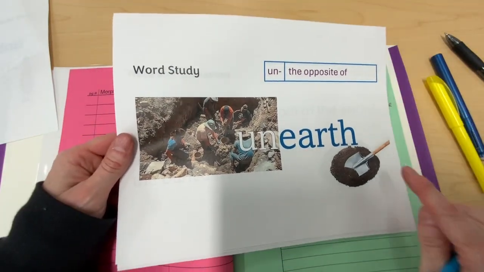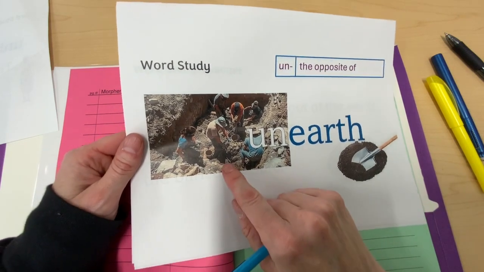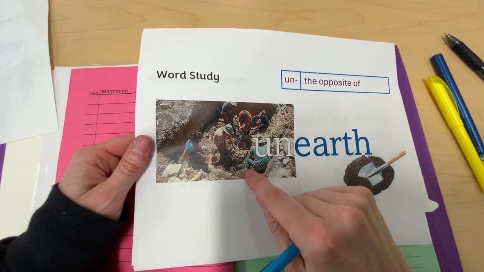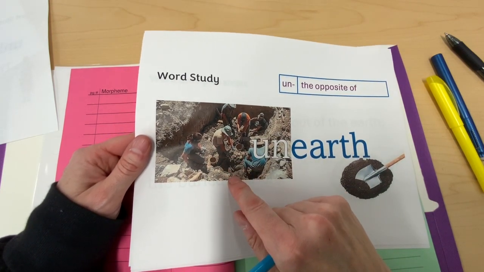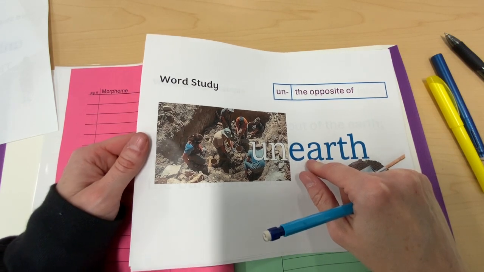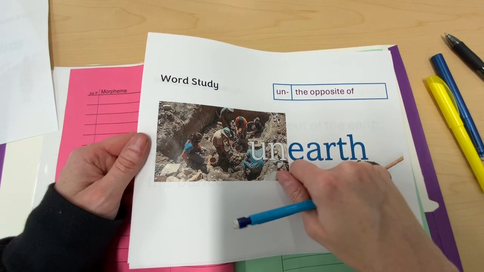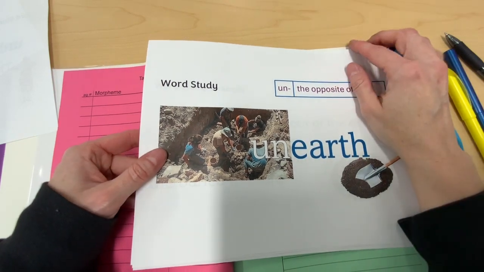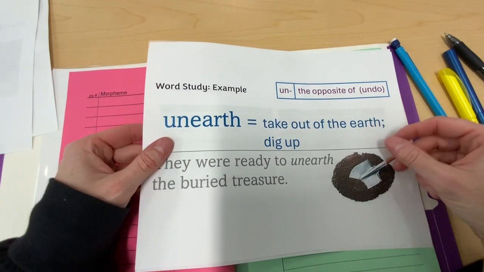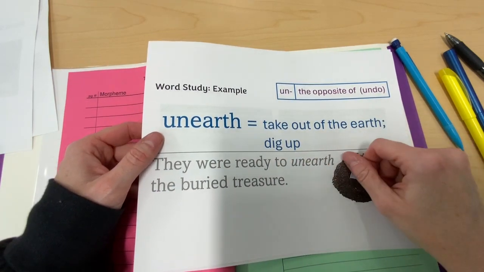I have a shovel that's in dirt, and over here I see some more equipment, and I see people in a hole and a lot of dirt. So unearth, what do you think that means? And if I look up here, it says un, the opposite of. So unearth, to take out of the earth, dig up.